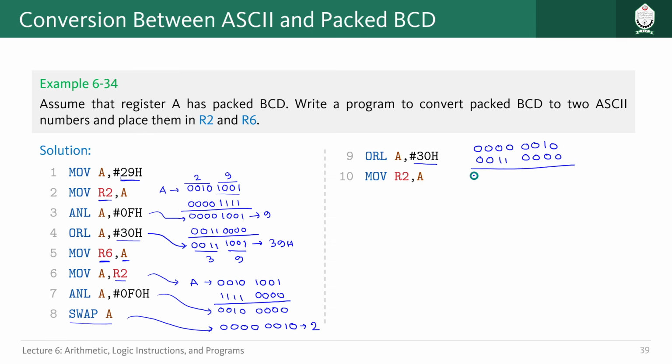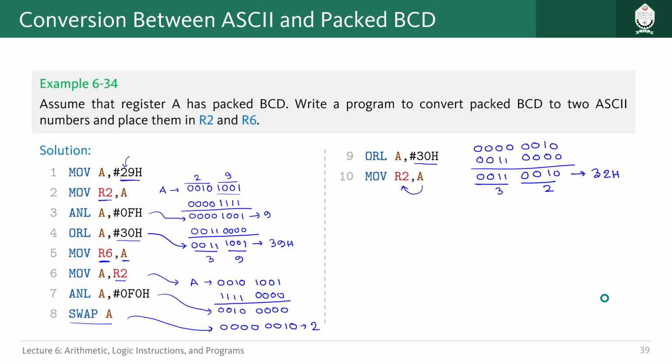If I do the ORL, upper nibble will keep this and lower nibble will keep this. This is 3, this is 2, so this is 32H, right? So we have got 32H, or the correct ASCII representation of 2. So that means we can save that value onto R2. So this is how a packed BCD 29 has been converted into its correct ASCII representation 32 and 39H.